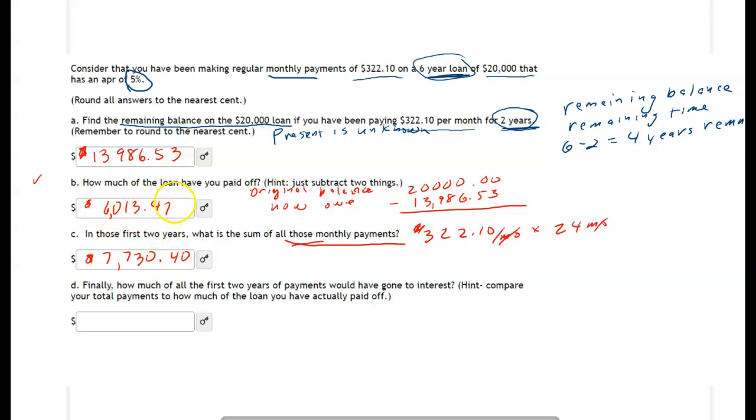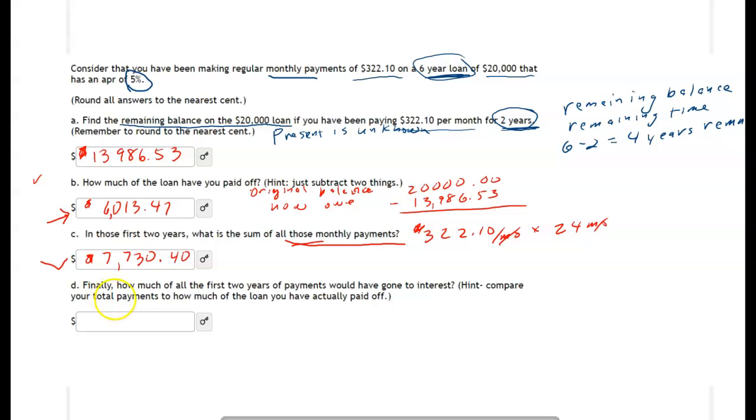So it's quite a bit of money. You gave all this money to the loan company, and this is how much got applied to your loan. A pretty good amount of the money is going towards interest, because the loan amount didn't go down by as much as you paid.